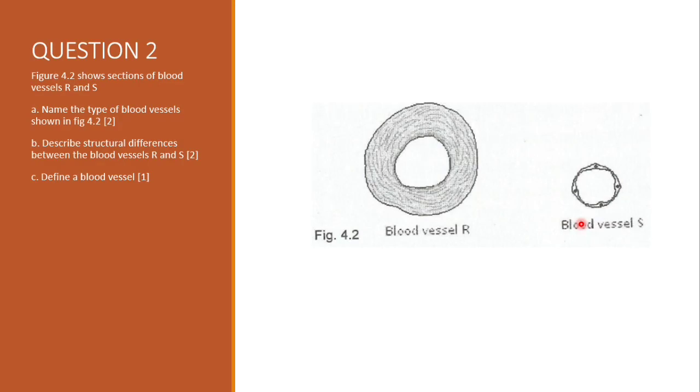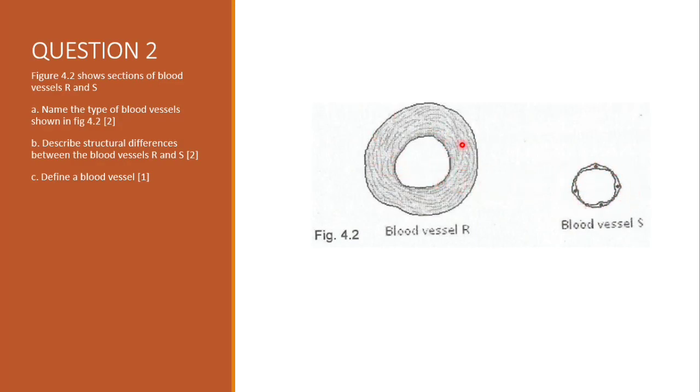So looking at the structure, you are able to tell which blood vessel is which. When you look at this, we can see the wall is thick, and this one, the wall is thin.